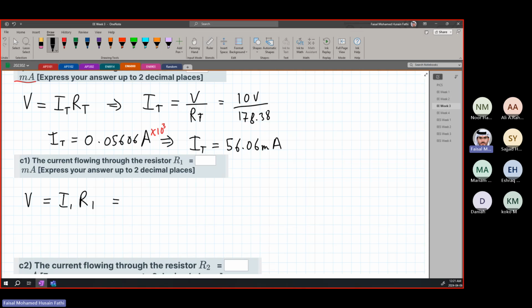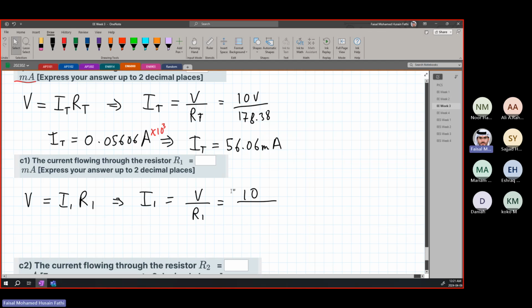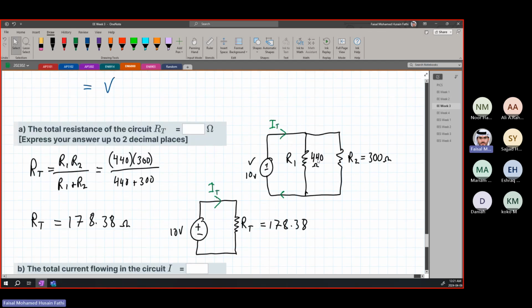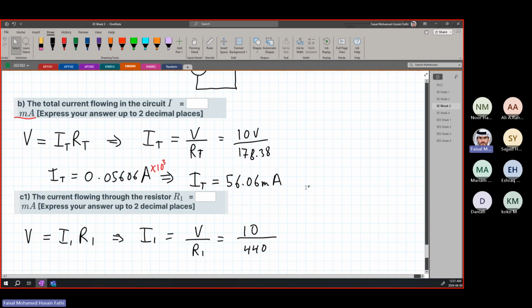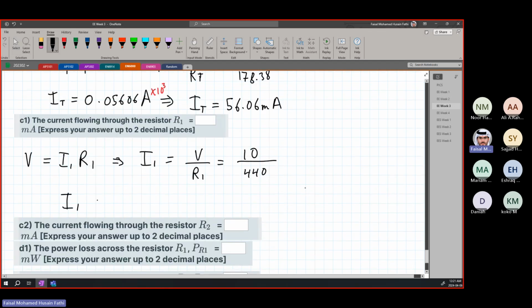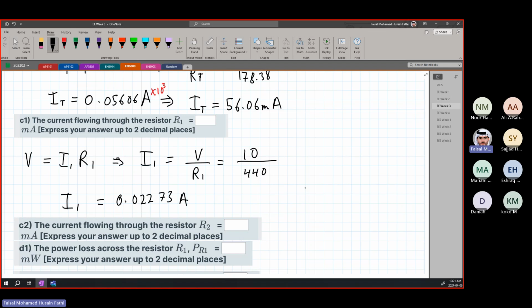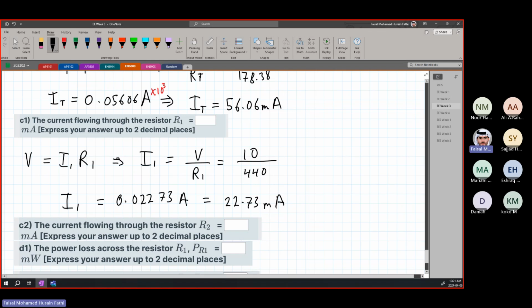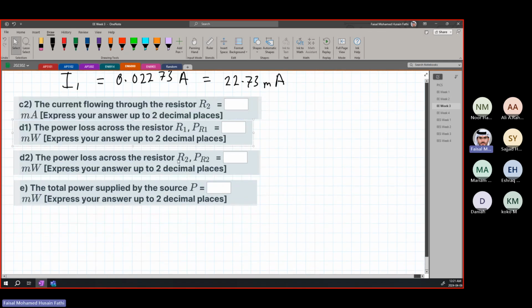Therefore I1 is equal to V total over R1, which is equal to 10 volts over R1, which is 440. And then I1 is going to be equal to 0.02273 amperes, which is not zero, it's 22.73 milliamperes. And then you guys should know now how to do the conversion.